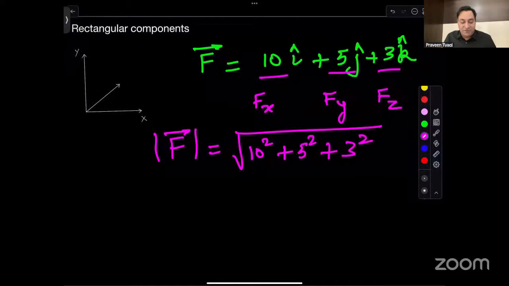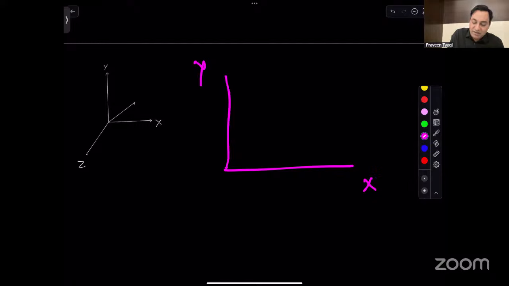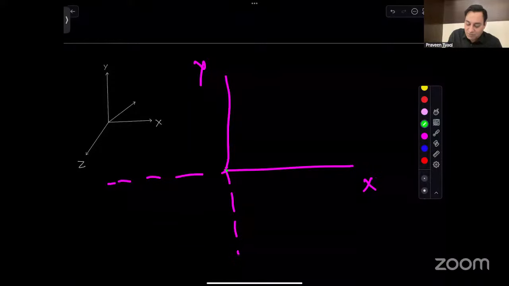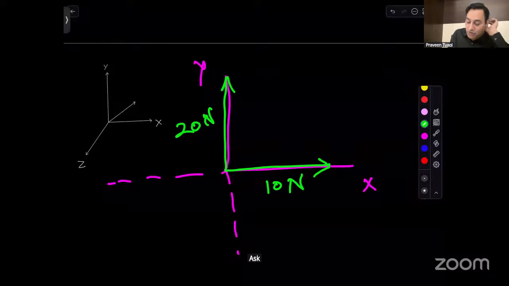And suppose you have a force vector with an x-axis and a y-axis, and I have given you that the x component of the force is 10 Newton and the y component of the force is 20 Newton. Suppose in that case, I ask you, what is the magnitude of this force?